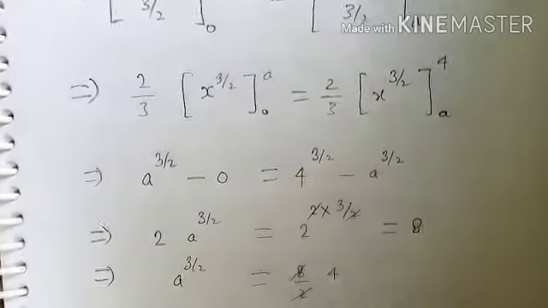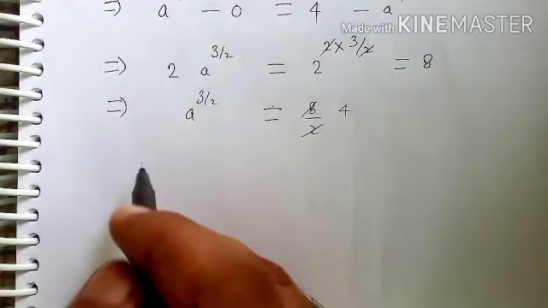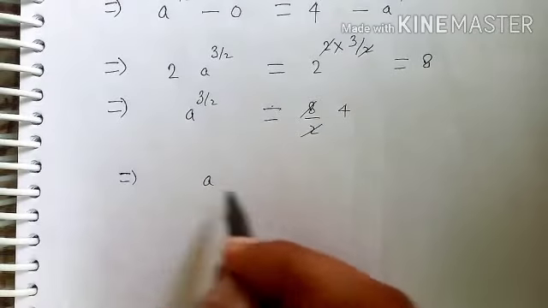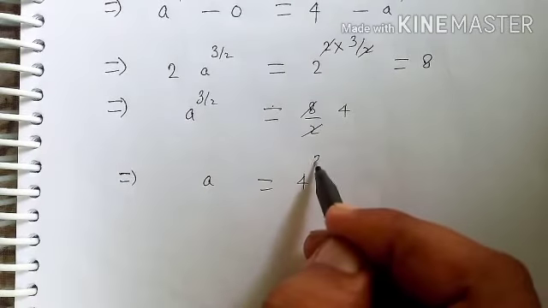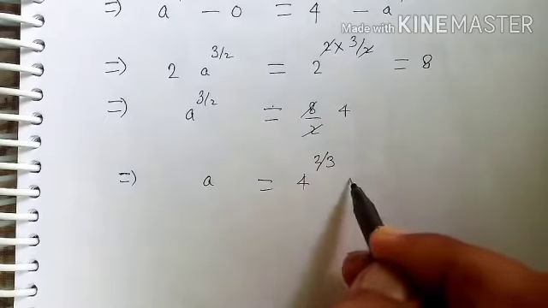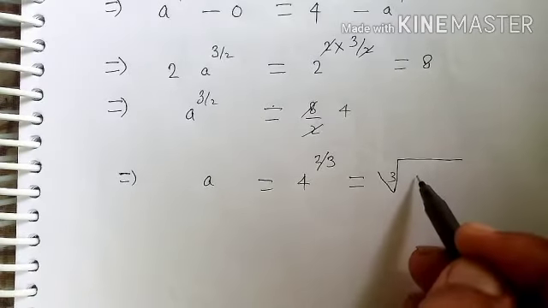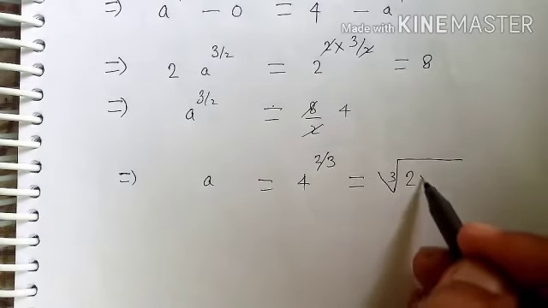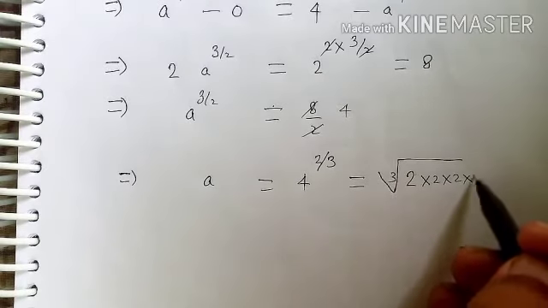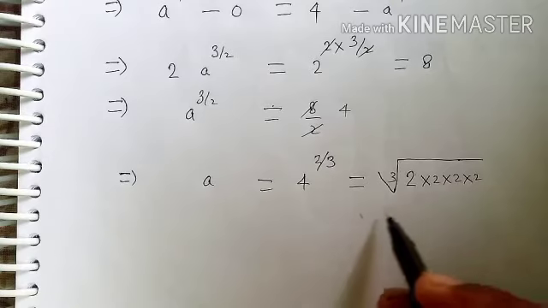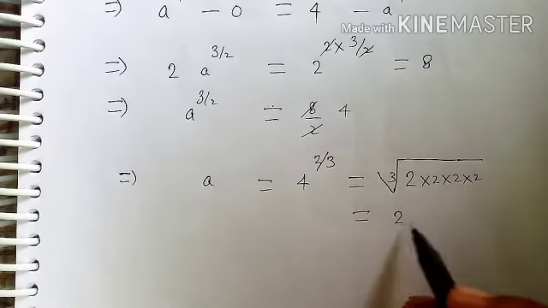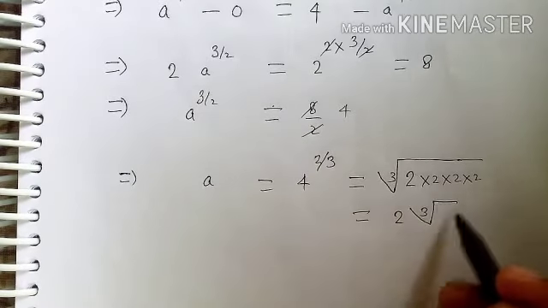Now we have to find a. So a is equal to 4 to the power 2 by 3, and 4 to the power 2 by 3 is cube root of 4 square, and 4 square is 2 into 2 into 2 into 2. Now this can be written as 2 into cube root of 2.